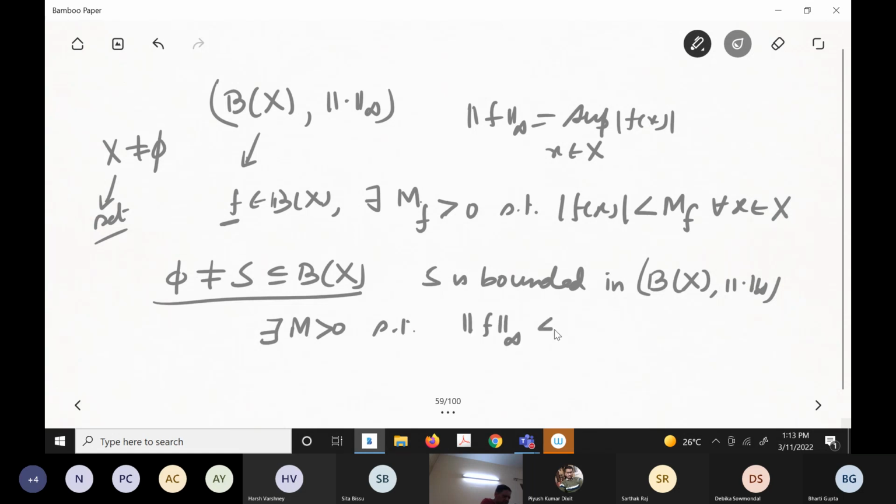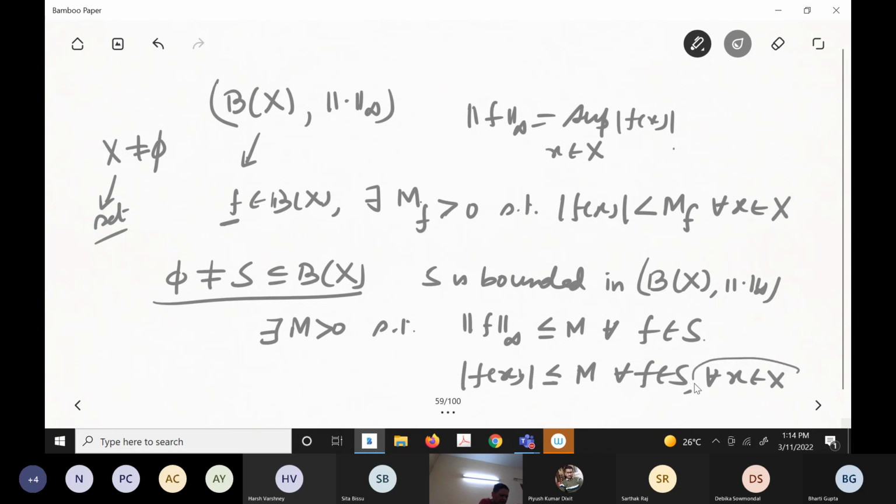this is the norm. Look, to have this is this. That means in particular I am getting this. Look what I am getting: for all x belongs to X, because the sup is less than or equal to M. So obviously I am getting this for all x.